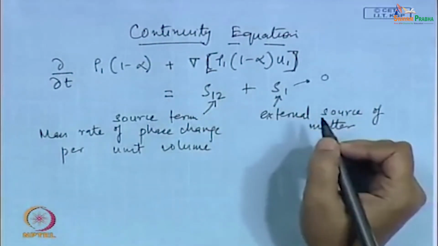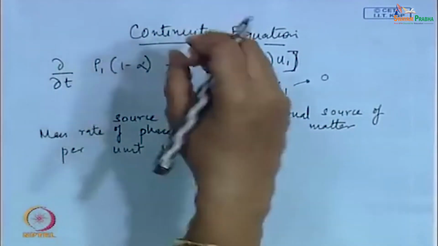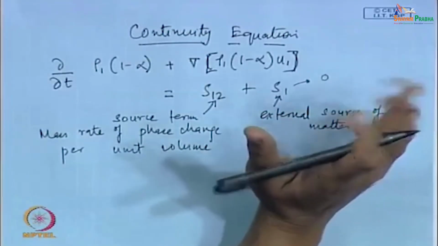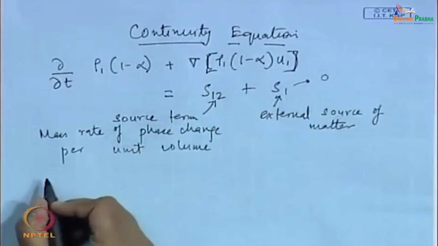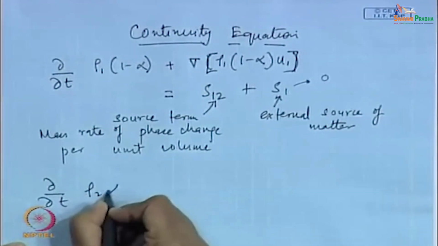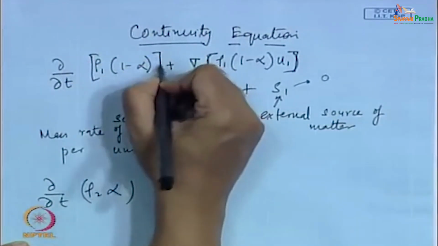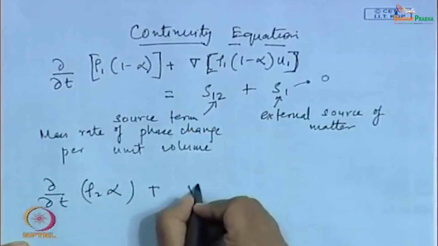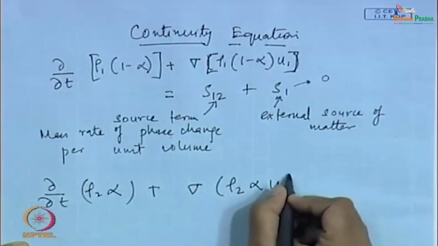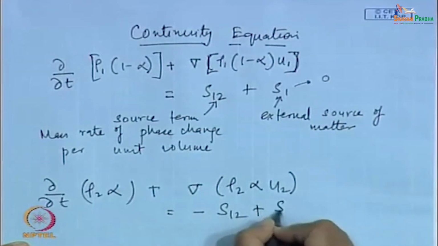And S 1 is the external source of matter. If any amount of phase 1 comes from outside, usually under the conditions which we consider, S 1 can be taken as 0. Similarly, we can write it down for phase 2: rho 2 alpha, it is better I put a bracket over here, rho 2 alpha u 2, this is equal to minus S 1 2 plus S 2.